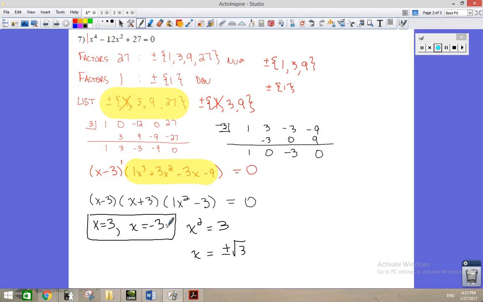So +3 and -3. Now, I knew I had a degree 4, and if I found 1, 2, and the positive is 1 and the negative is another, I found all 4 x-intercepts. But what I was interested in, because of the directions, was the rational numbers, the ones that you can write as a ratio of integers. So there's my answer for number 7, and I hope that helps.